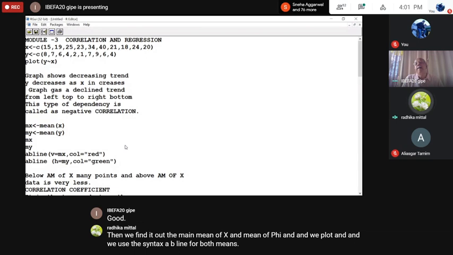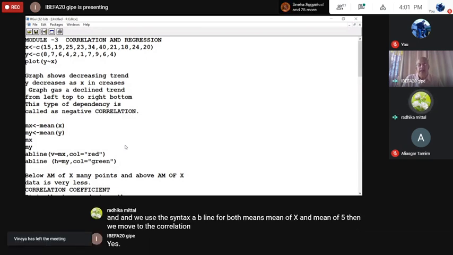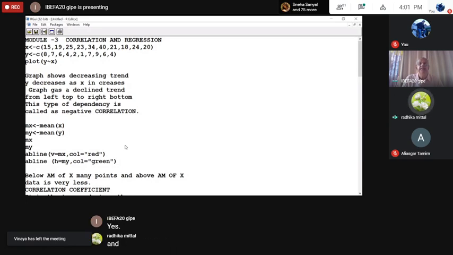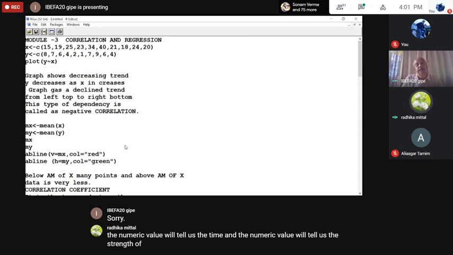Then we moved to the correlation coefficient, which tells us the type and strength of dependency between x and y, where the sign tells us the type and the numeric value tells us the strength. Very good.